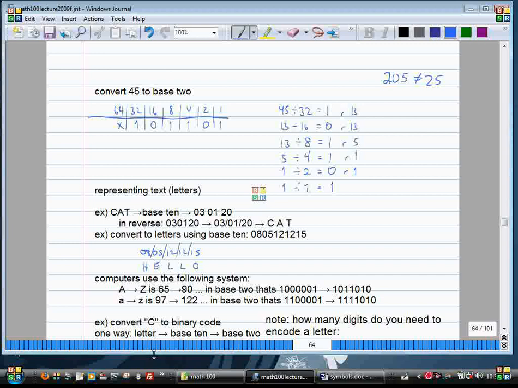Okay. So now that we know in base 10 it's supposed to be 67, we want to convert that to base 2. And how do we do that? Well, we know how to do that because we just did it.